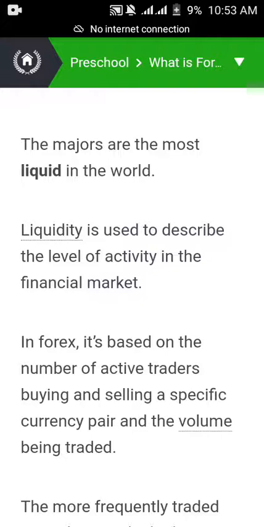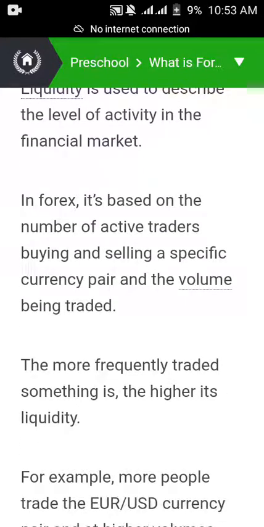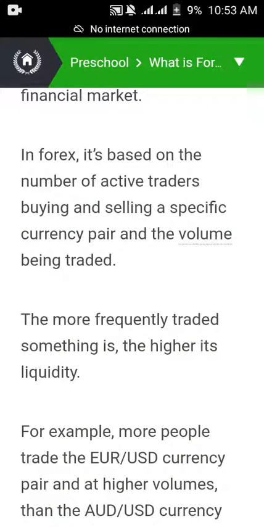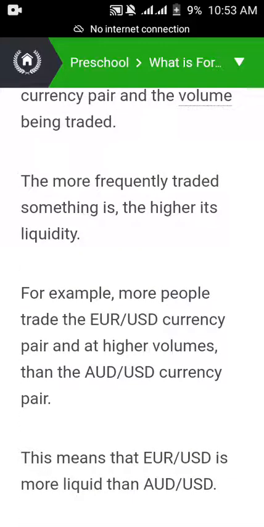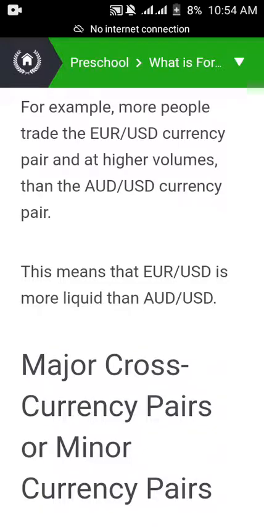Liquidity is used to describe the level of activity in the financial market. In forex, it is based on the amount of activity, by buying and selling a specific currency pair, and the volume being traded. The more frequently traded something is, the higher its liquidity. For example, more people trade the euro and the USD currency pair, and at higher volumes, than the Australian dollar and USD currency pair. That is a true fact.